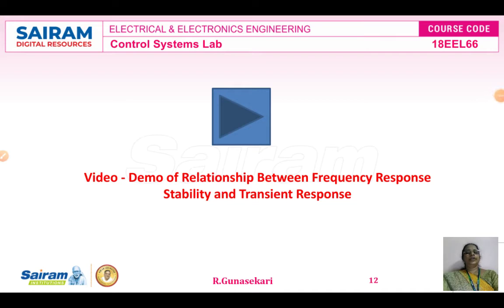Dear student, I hope that from the demo video you clearly understand the relationship between frequency response and stability, and frequency response and transient response, and how we get the simulation output for this experiment using MATLAB.